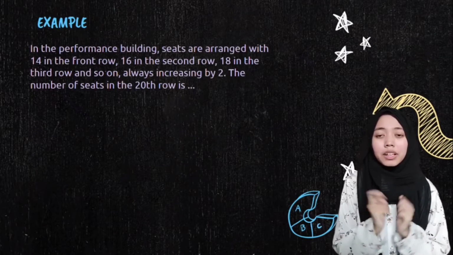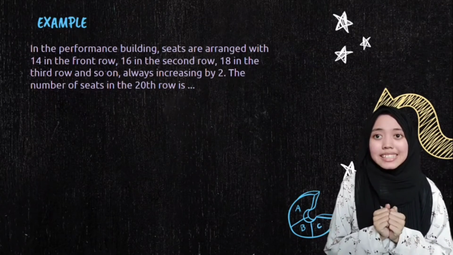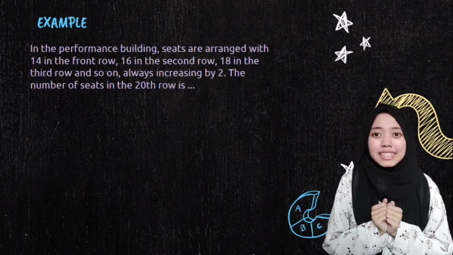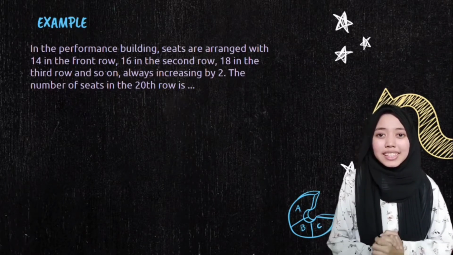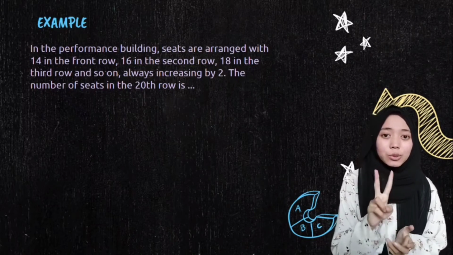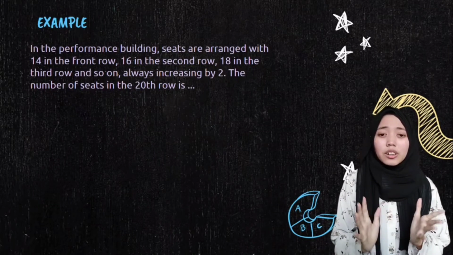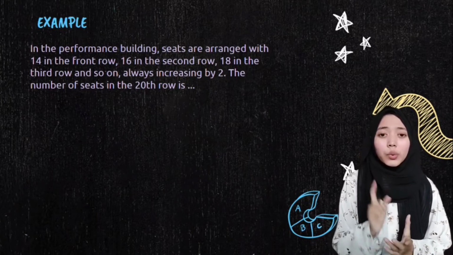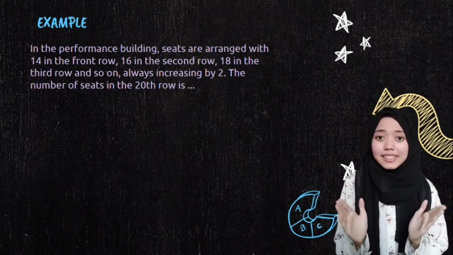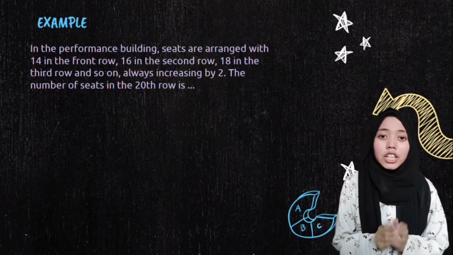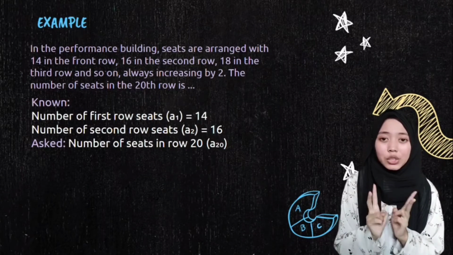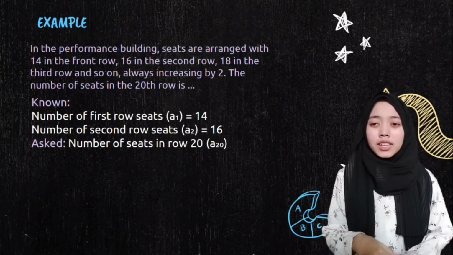And then the second example: in a performance building, seats are arranged with 14 in the front row, 16 in the second row, 18 in the third row, and so on, always increasing by 2. How many seats are in the 20th row? From the question, we know that a1 is 14 and a2 is 16.